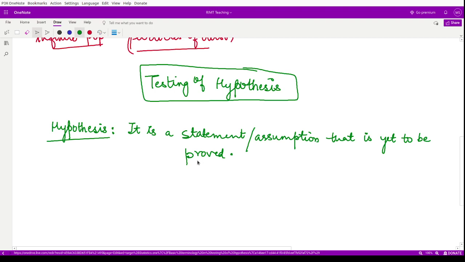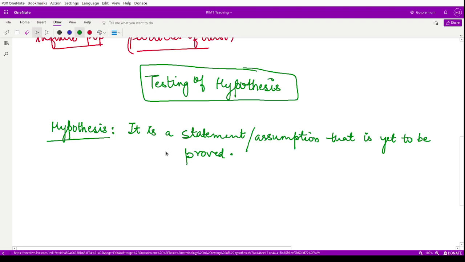For example, if we talk about the great scientist Sir Newton, before he gave any law, what these people do is create a statement which would work as the hypothesis. Because of their observations, they say, okay, this thing could be there, but there are no proofs available at that particular moment.